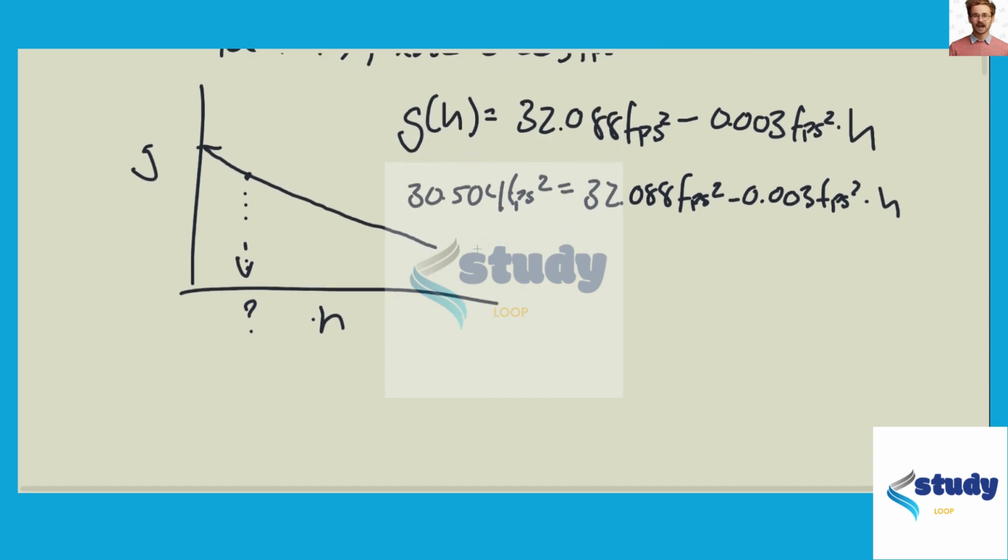So what we'll do is subtract from both sides of the equation this 32.088 feet per second squared.